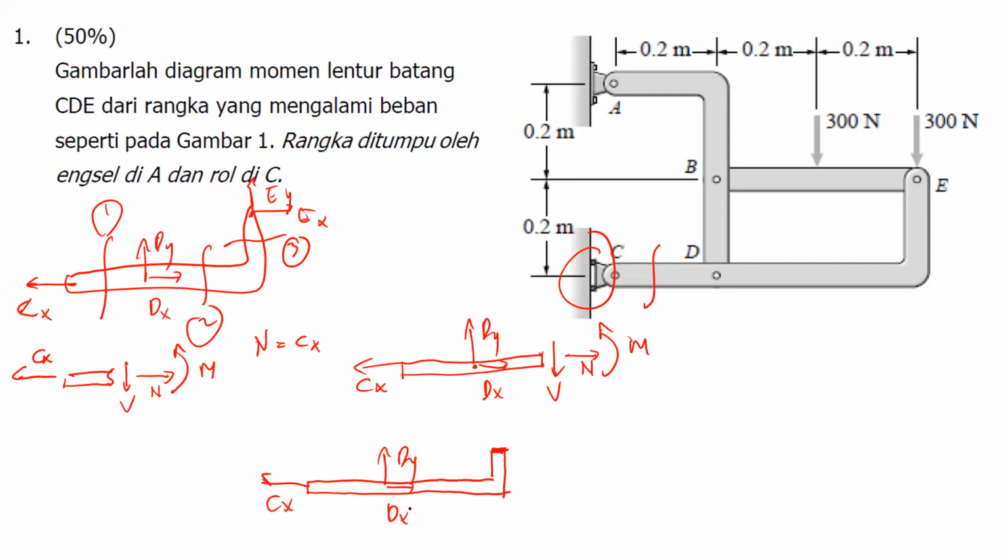Then this is the most important part, okay? The V is supposed to be going down, normally on the right side. But now the V is like this. The normal force is supposed to be going outwards, still going outwards. And the moment is supposed to be like this. Do you understand what I mean?